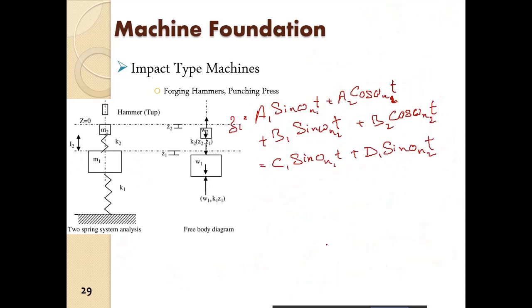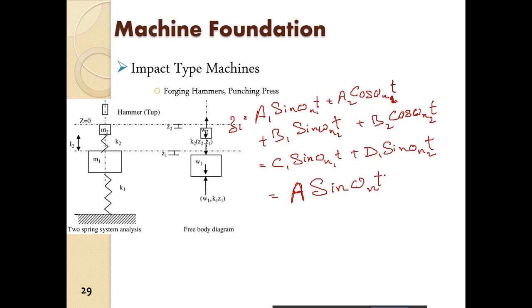Okay, so we can write that. Another way we can write it is, suppose, A sine of omega n t.